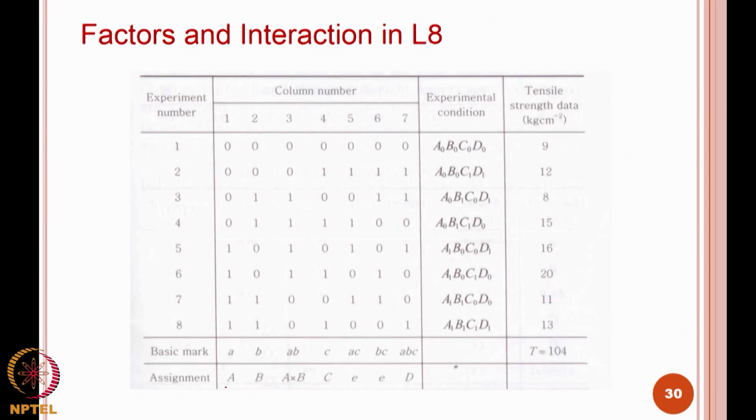From L4 to L8 we go, but in L8 how many columns do you have? 7 columns, but I need only 5. So, 2 columns will be designated as dummy. Do not worry, we will discuss in the next class on how this is assigned. For right now, do not worry about that. This is an L8.